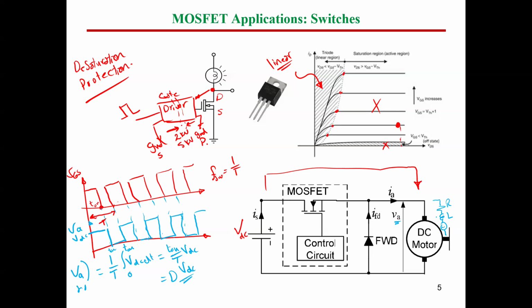Since you have stored energy now in your inductance, you cannot open the circuit. Otherwise, if you try to open the circuit and you have stored energy in the coil, it will make very high voltage overshoot across all of the surrounding devices.